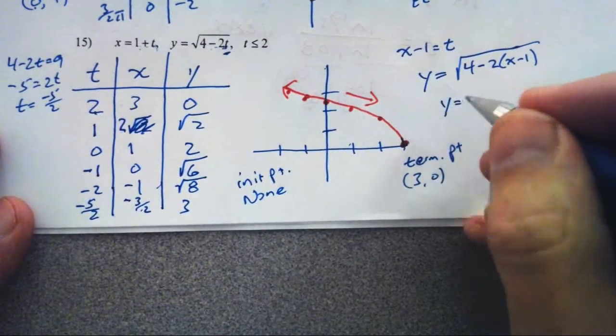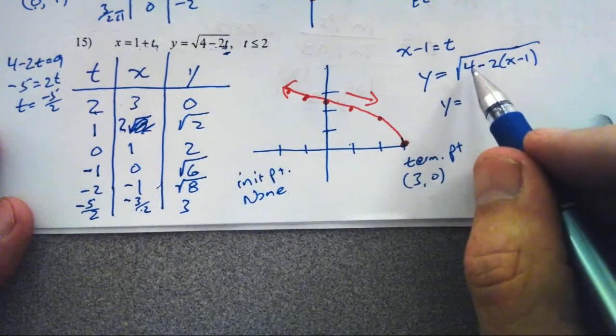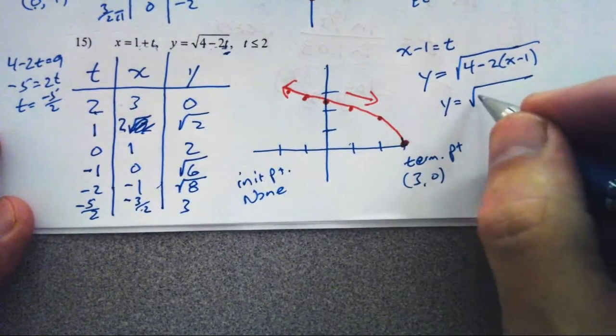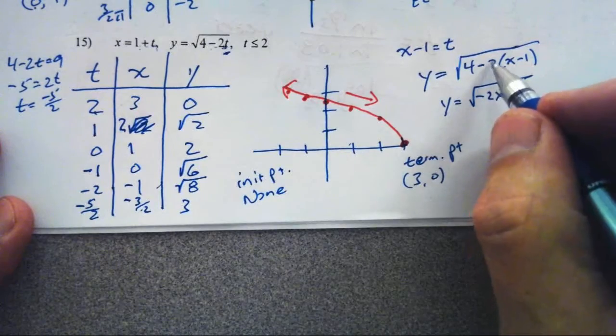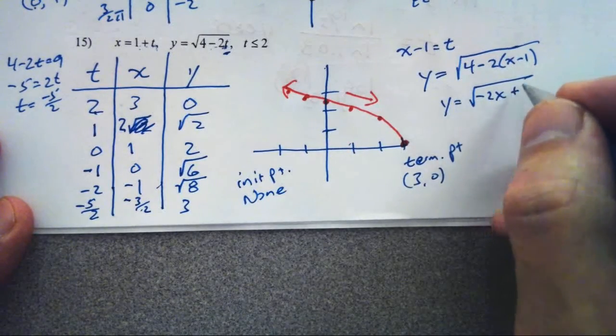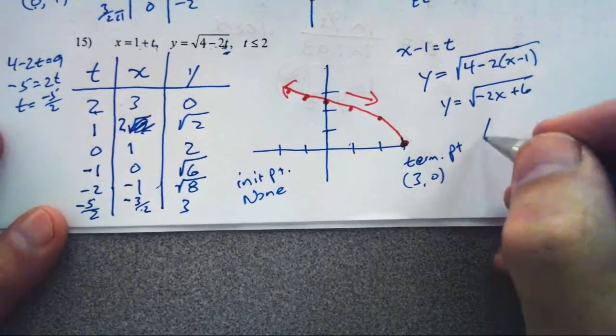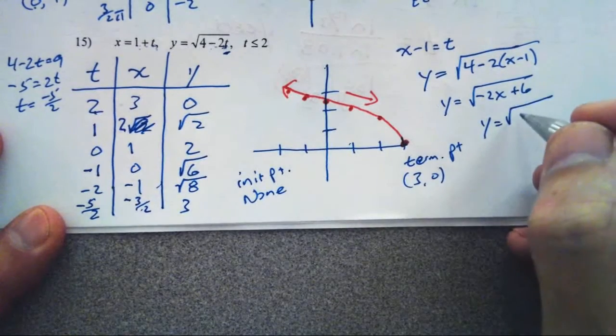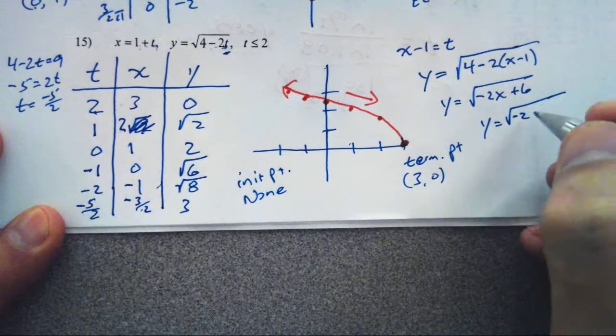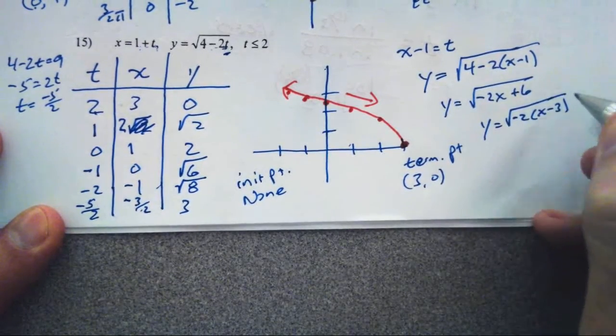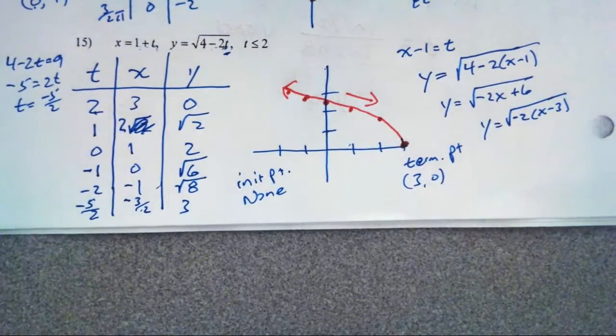So I get y equals the square root of negative 2x plus 6. You might even want to think of that as y equals square root of negative 2 times x minus 3. You don't have to do that. Either one would be good.